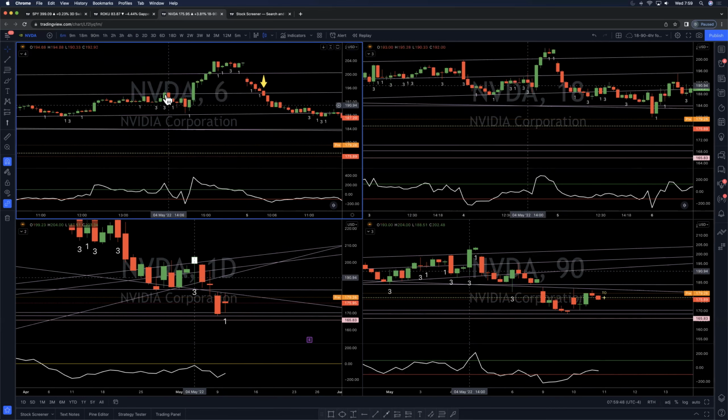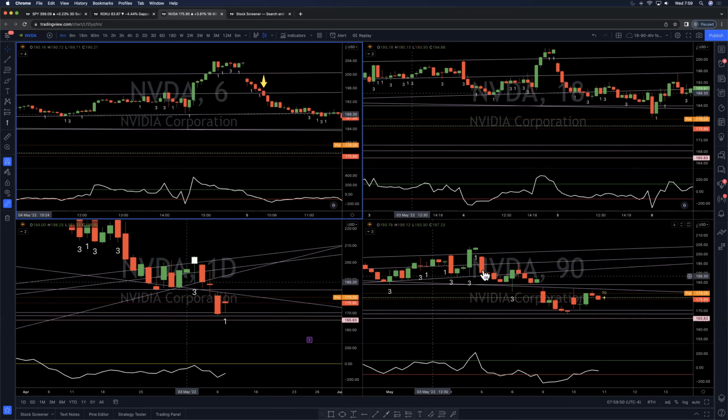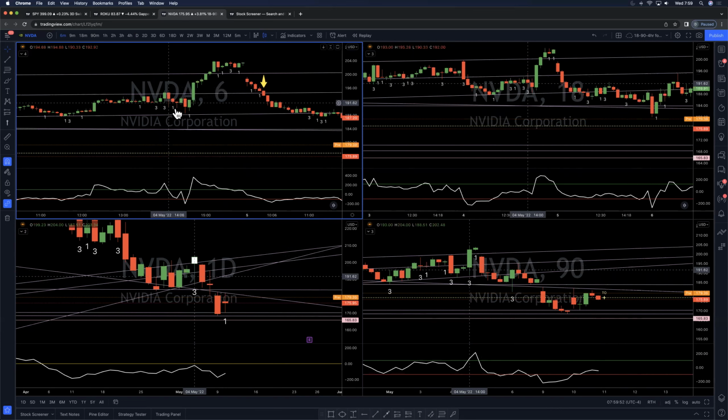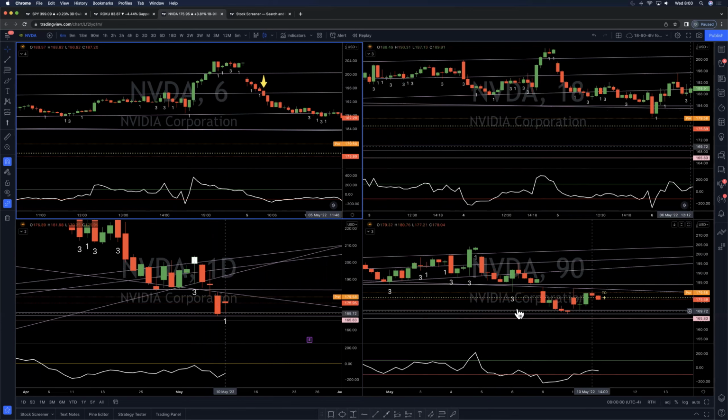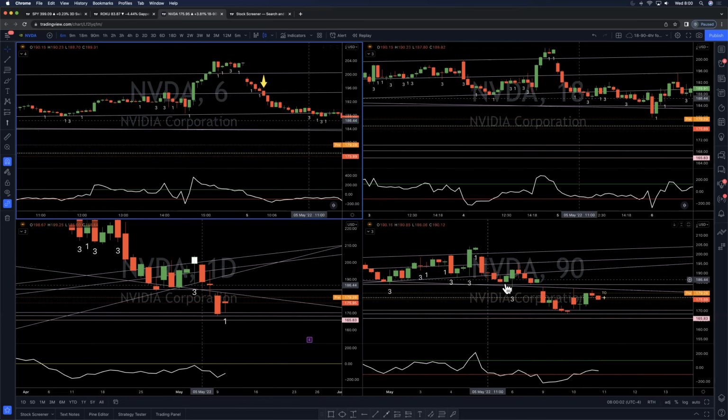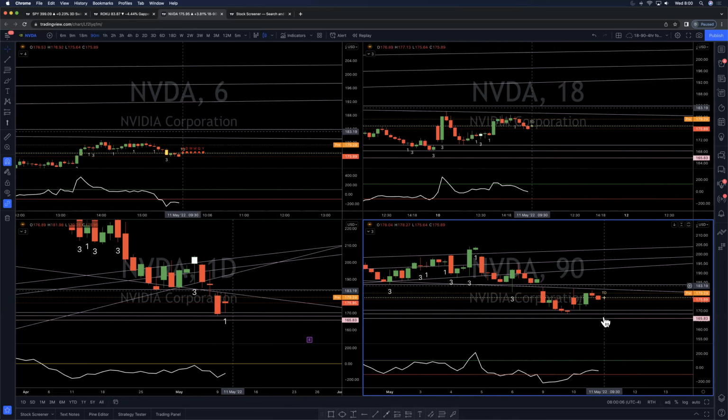So here it traded up, came down, and came right back up. Forget about the lines, guys, because we just drew those. I'm looking to get in on any TTOs. Just keep that in mind. It may come up, hit a level, and reverse.